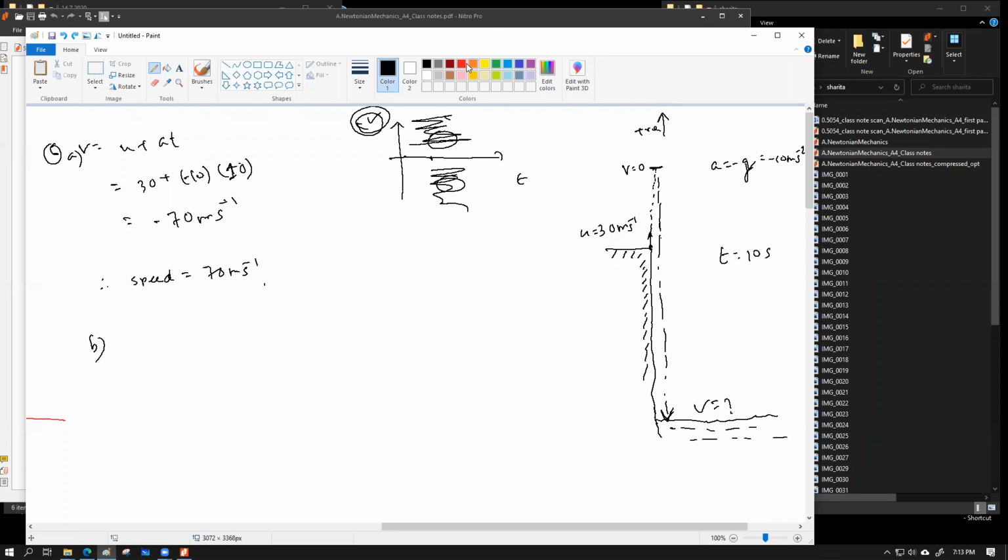How many spaces should we require on the vertical axis? 10. Why 10? 30 and 70. It's 110. Beautiful. So let's label this v in meter per second, and over here t in seconds.